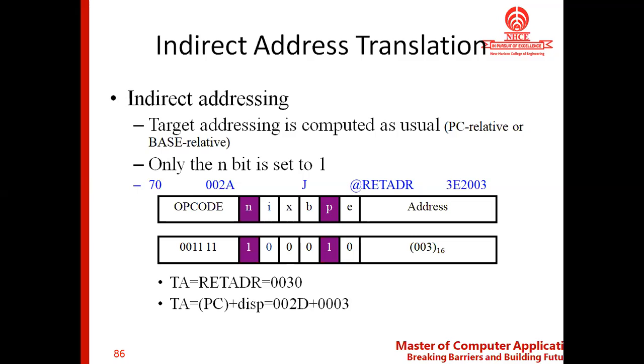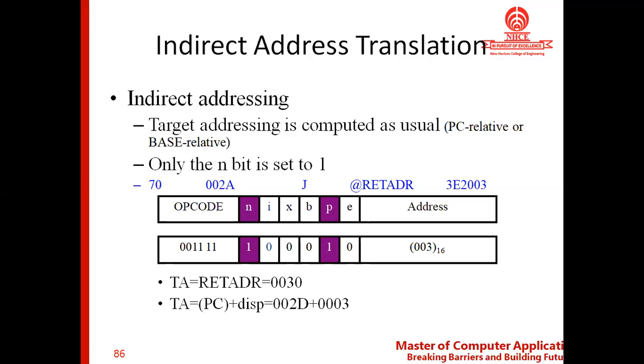So we know the target address and the PC value, then we can easily find the displacement. 0030 minus 002D gives you 0003. That is the displacement. So this is how we get the displacement.